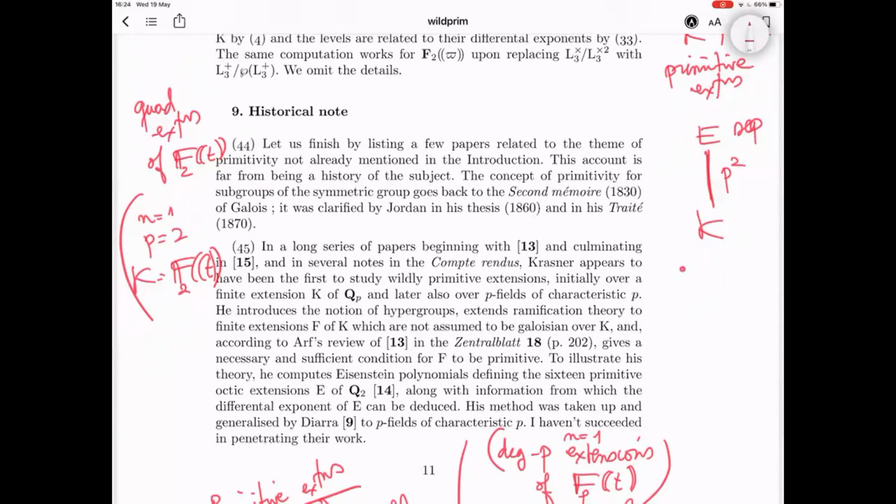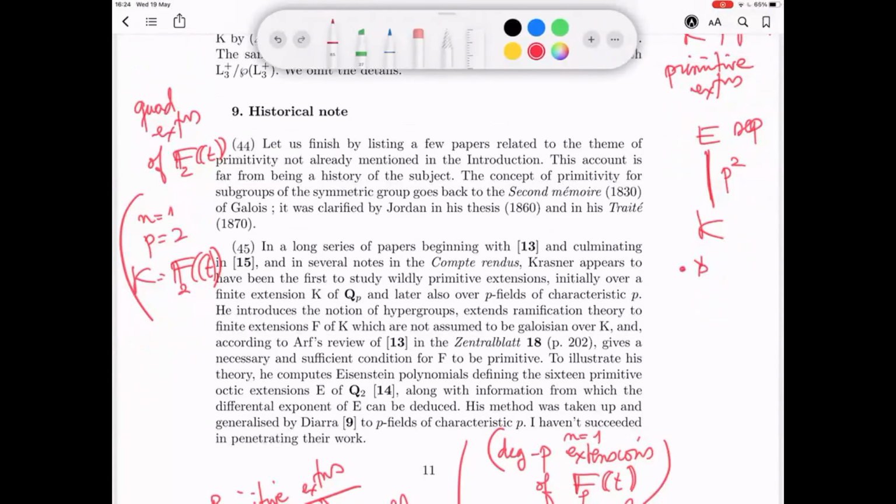So there are 3 possibilities. The first possibility is that it could be primitive, meaning there are no intermediate extensions. The second possibility is that there's a unique intermediate extension.